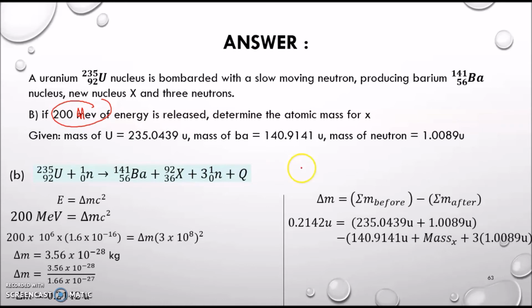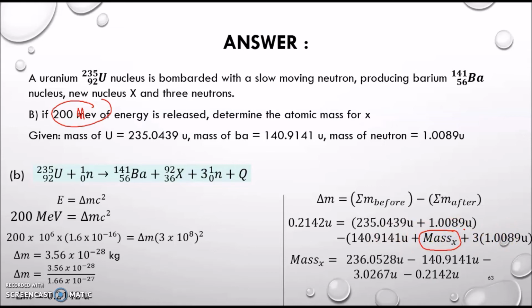Substitute delta m from the value that we got, and then substitute the mass for uranium, neutron, barium, and also 3 neutrons. So we can determine the atomic mass for element X, where we will get 91.9 U.